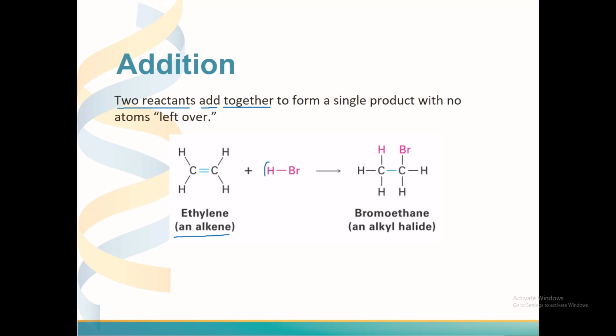You are adding the hydrogen and the bromine to this molecule, regardless of where the product will be. As a product, you get bromoethane, where the bromine is attached to this carbon and the hydrogen is attached to this carbon. So you got everything as the result. You are adding hydrogen and bromine to the molecule.